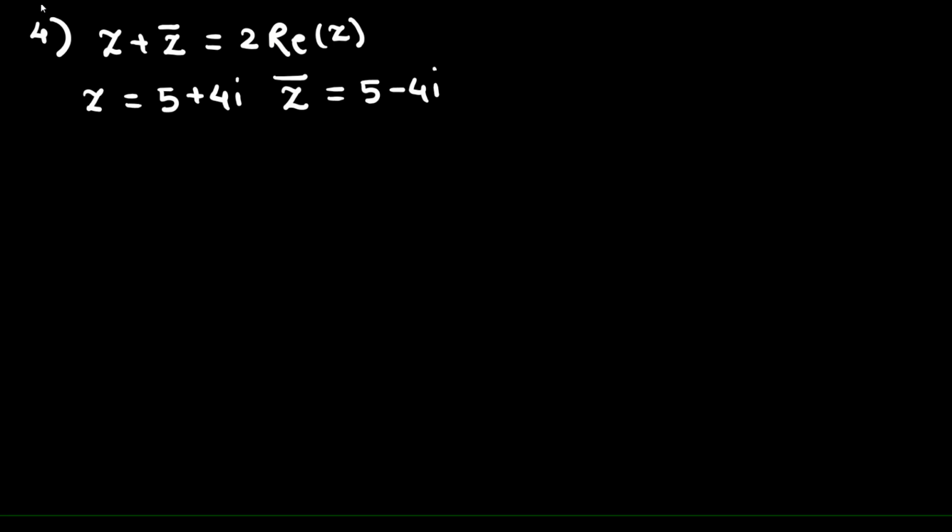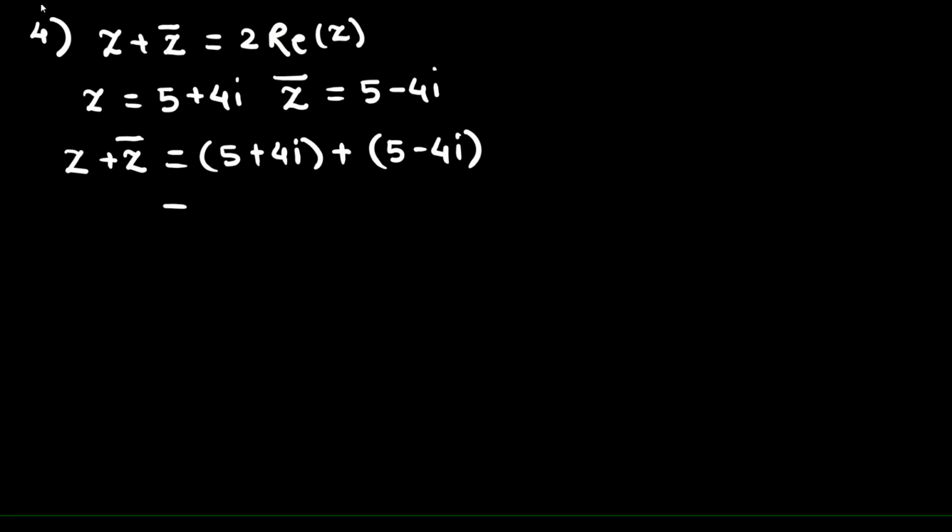Then if we add z plus z conjugate, that will be 5 plus 4i plus 5 minus 4i. That means 5 plus 5, and then 4 minus 4 times i.